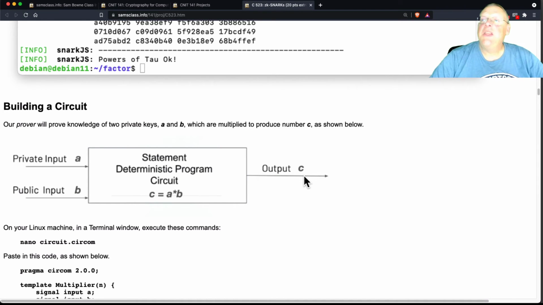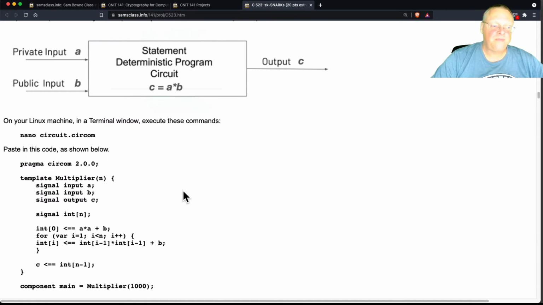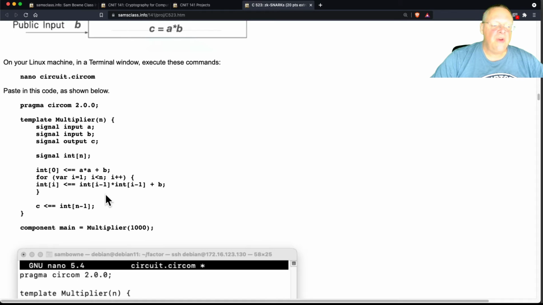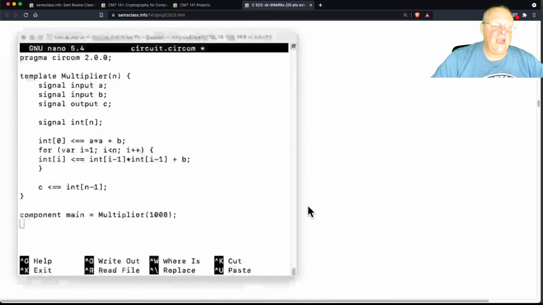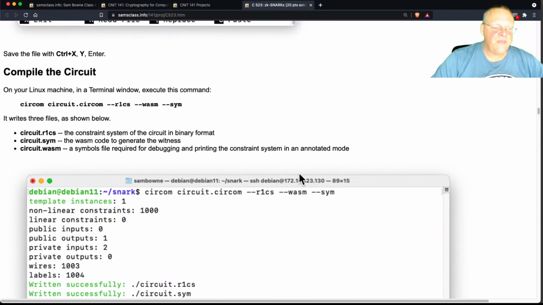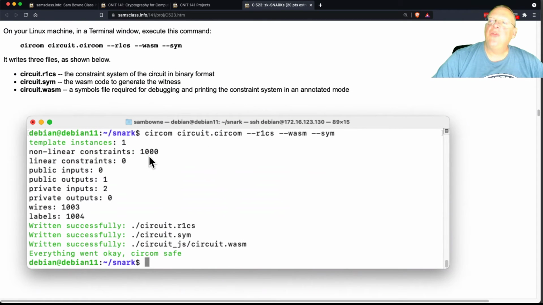So it doesn't prove anything very meaningful here. It just shows that you can create a ZK SNARK that shows that you have the ability to do this calculation. So here's the description of the circuit, and you can compile it, and then you end up, since you created 1,000 of those powers of tau, which are like 1 bits to calculate arbitrary numbers, you now have 1,000 nonlinear constraints, and so on, 1,003 wires connecting things, 1,004 labels.